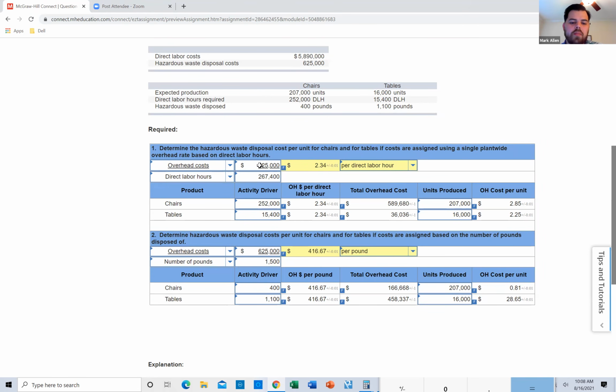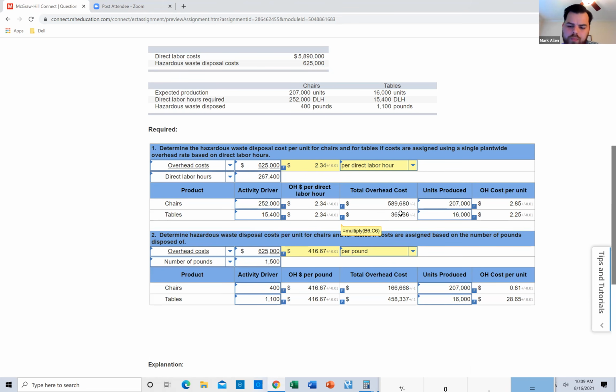Well, in this case, we take my $625,000 in the overhead, which is this hazardous waste disposal, and divide it by my direct labor hours. We come down to 252 plus 15.4, that's 267.4, so $2.34 per direct labor hour. And now we just look. Chairs use 252,000 direct labor hours, and tables only use 15,400.